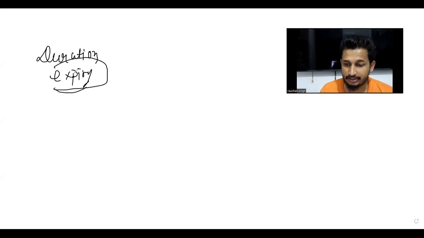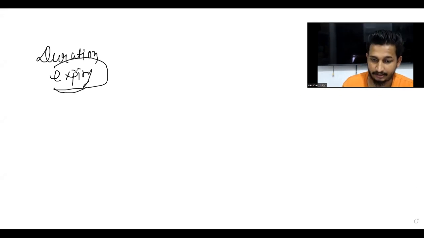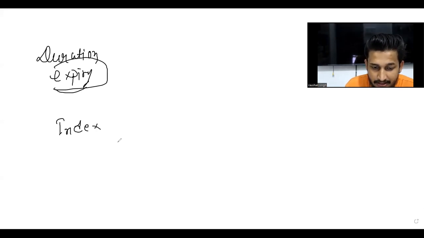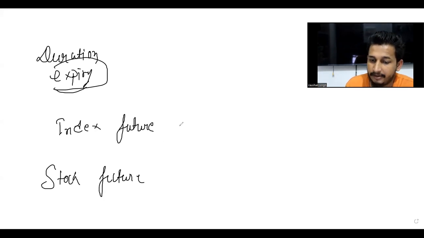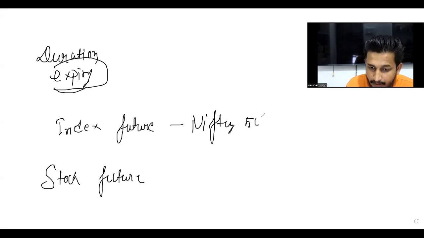So there are two types of future contract. First one is index future. Second one is stock futures. In index future, the majority of the people trade in Nifty 50 and Bank Nifty.